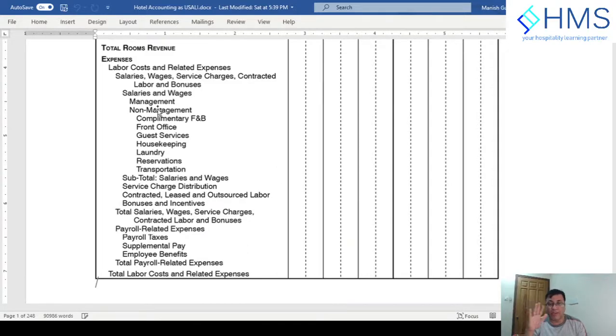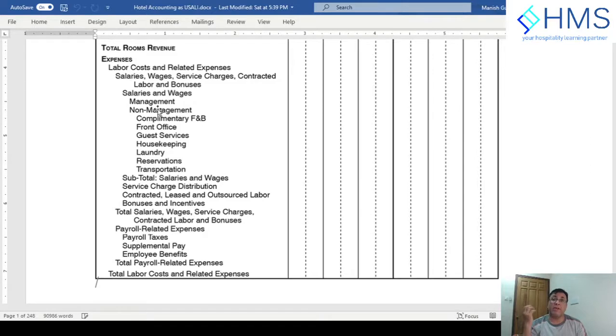Next line here is contract, lease, and outsourced labor. We will learn about bonus, and then you get the total salary and wages. After that, you have a separate section for payroll benefits and payroll expenses, which covers payroll taxes, usually for expatriate staff. Then you have supplemental pay in case you are paying anything extra, overtime or other things.